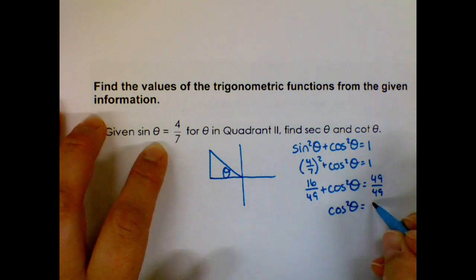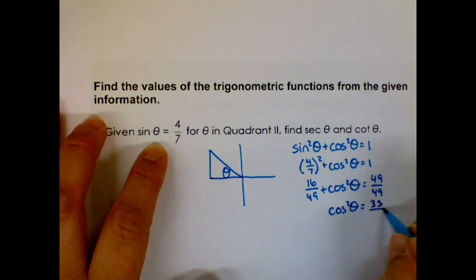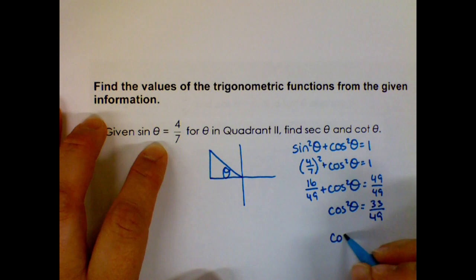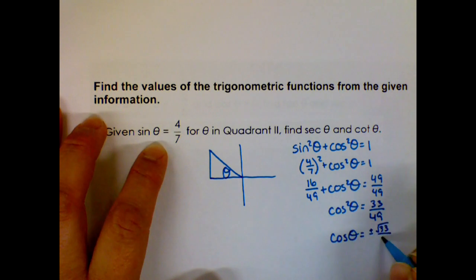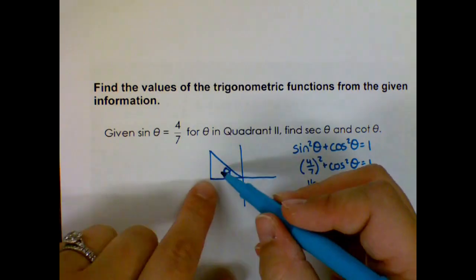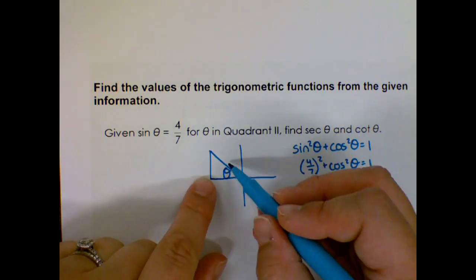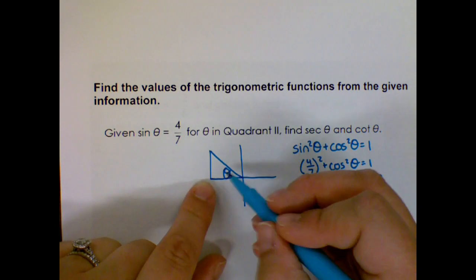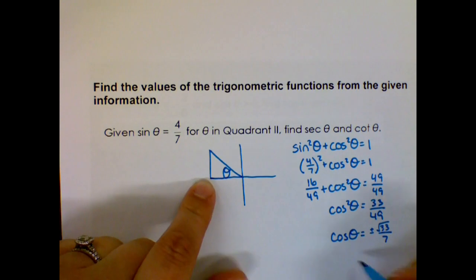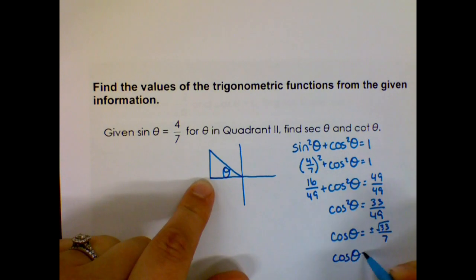So cosine squared of theta is 33/49. So cosine is positive or negative square root 33/7. Well, in the second quadrant, I know all students take calculus, so that means cosine is negative.